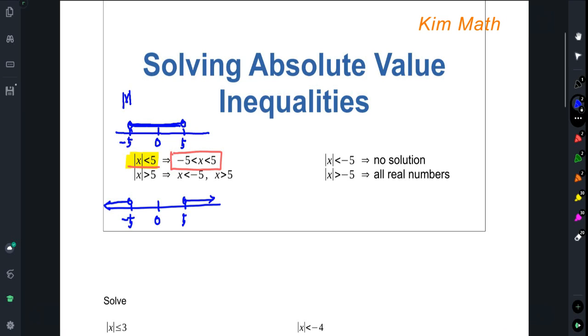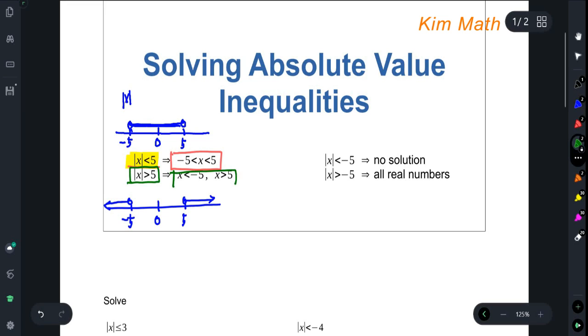All of these points have a distance greater than 5 from the origin. So again, when you solve this inequality, absolute value of x is greater than some positive number, we have only this way to eliminate the absolute sign. Okay?